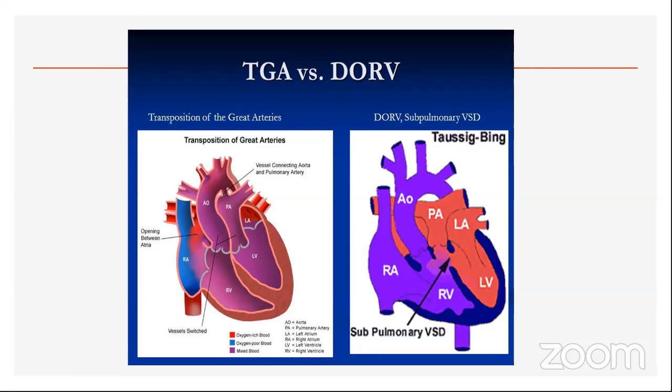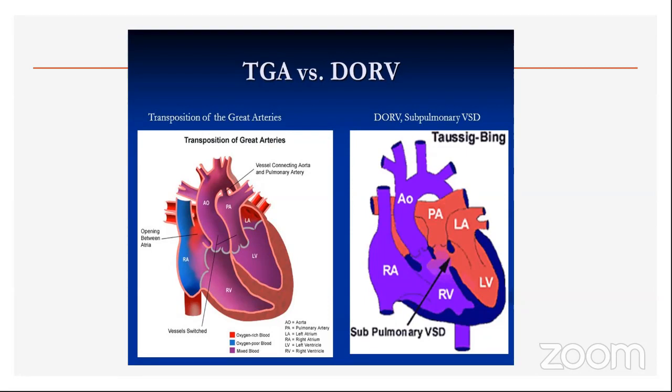The tunnel for closing the VSD into that great vessel is significantly harder than just closing a VSD in a patient with a normally connected heart. There is a probability of this tunnel getting obstructed, either immediately after the operation or with time when the patient grows older and the tunnel can get smaller, so they have more probability of getting LVOT obstruction.